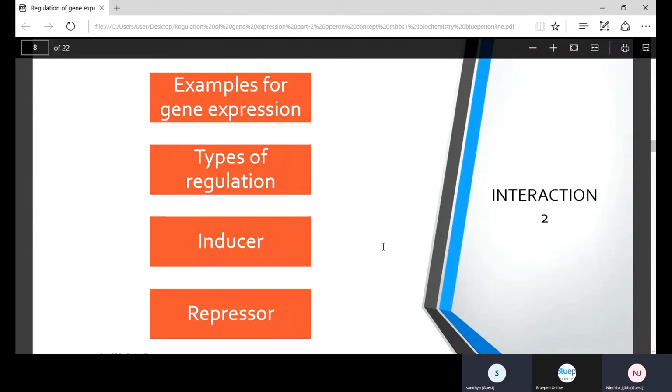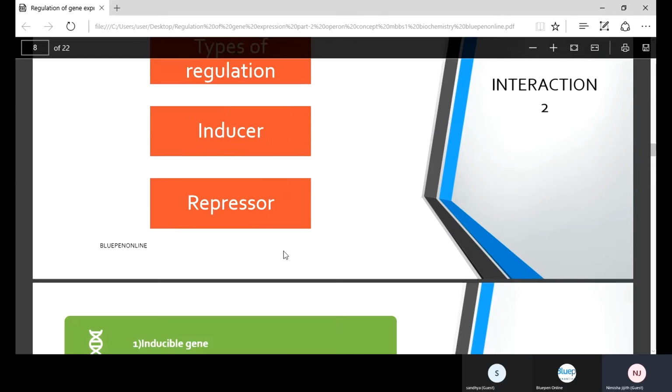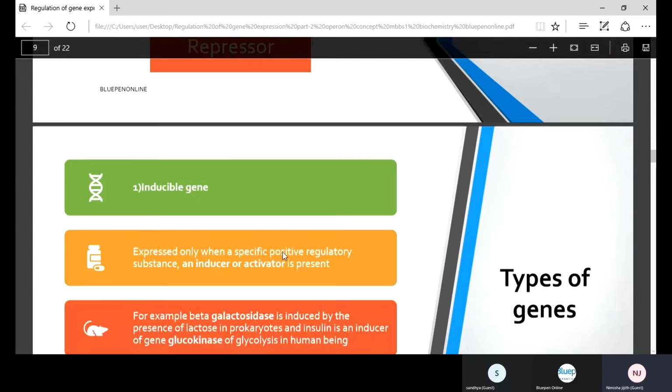What about negative regulation? They decrease the expression, or in the presence of a negative regulator, they don't allow the expression to happen. They are called regulators, silencers or repressors. In the next topic, we are using these terms: activator, inducer, repressor, and expression, repression. So you must know the definitions. That's why I ask you questions again and again.